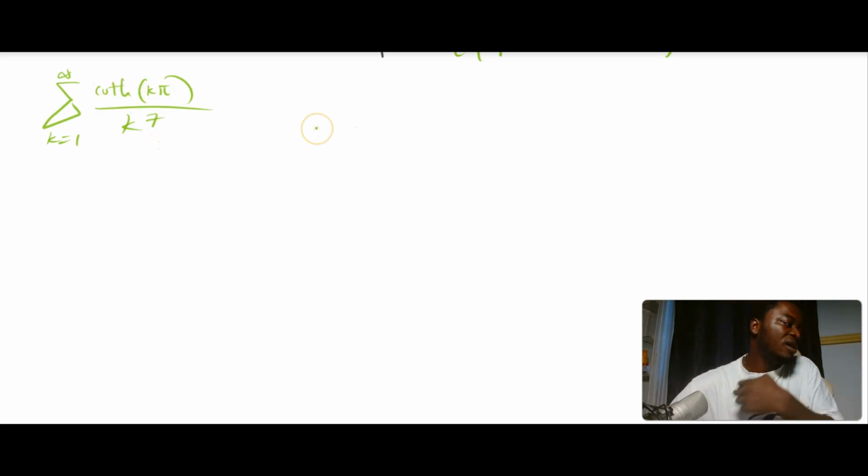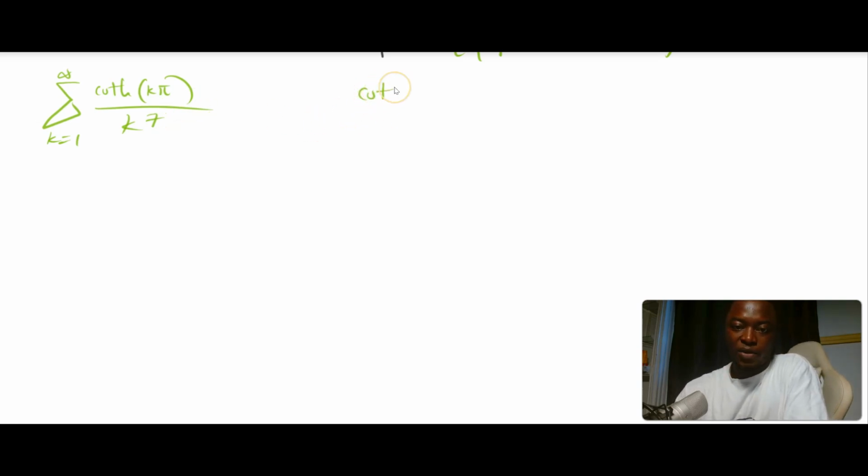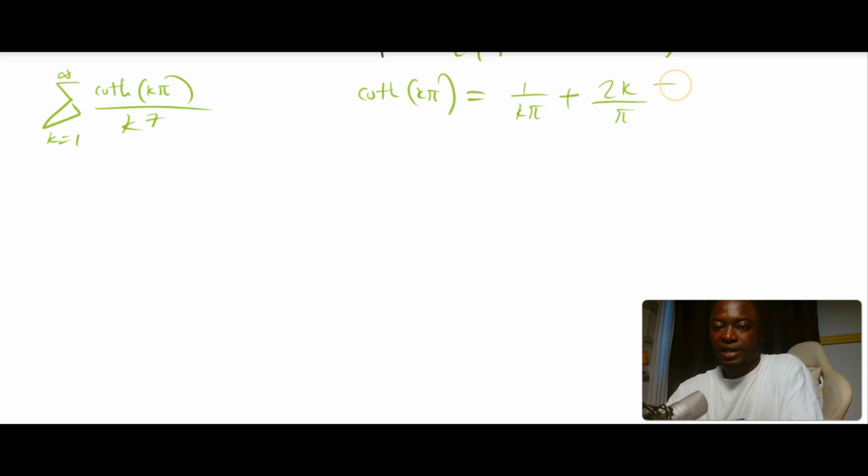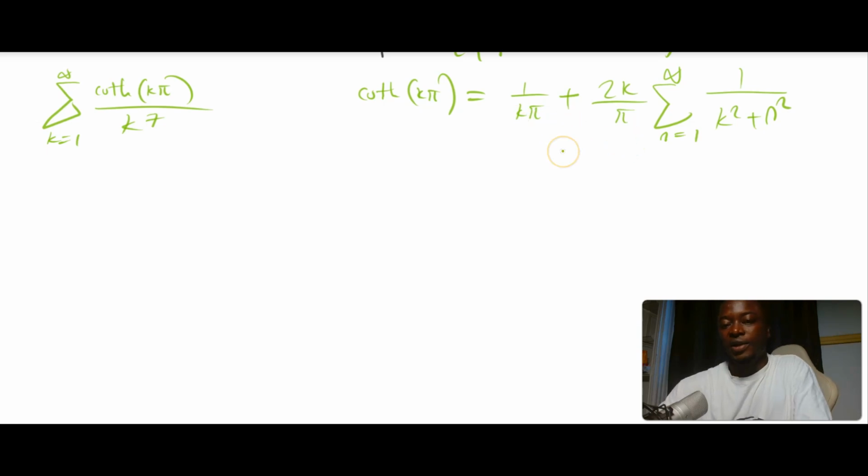So the result is that hyperbolic cotangent of k pi is equal to 1 over k pi plus 2k all divided by pi times the sum as n runs from 1 up until infinity of 1 divided by k squared plus n squared. So this is how you get the expansion.